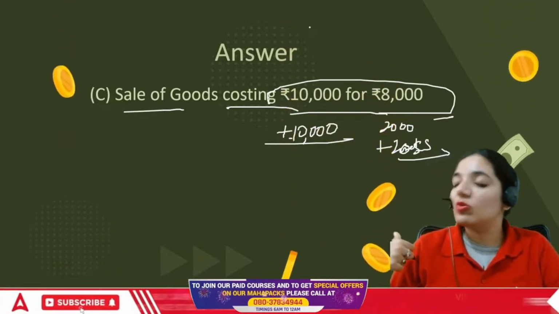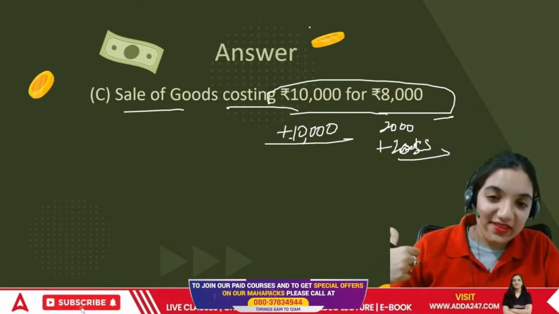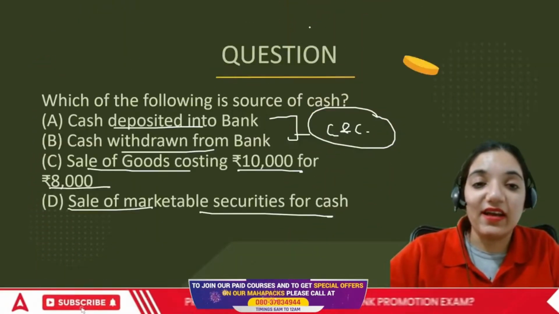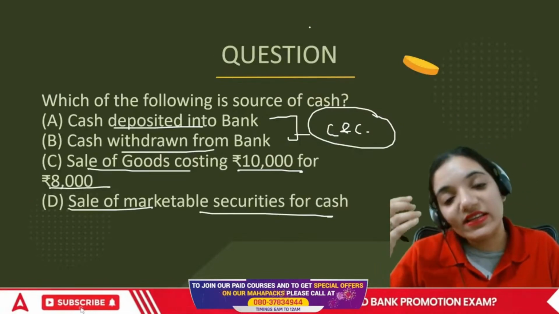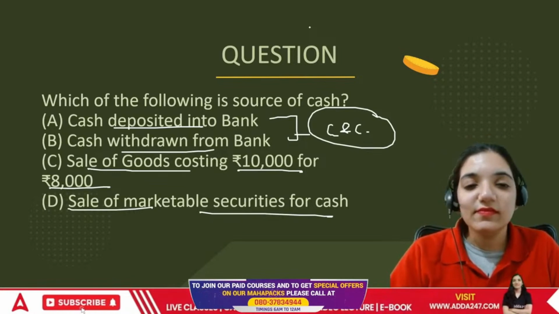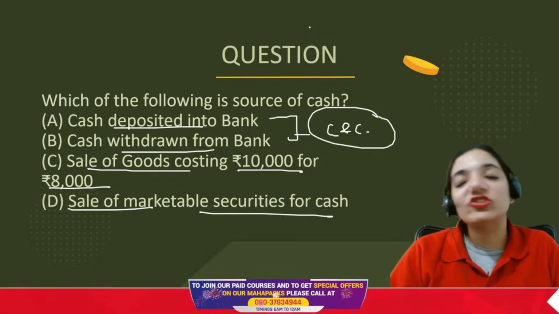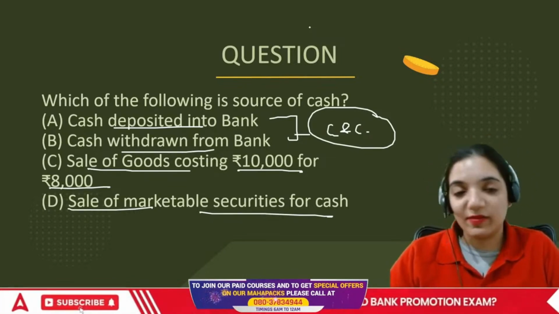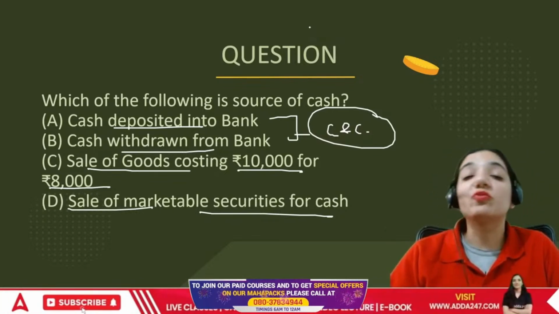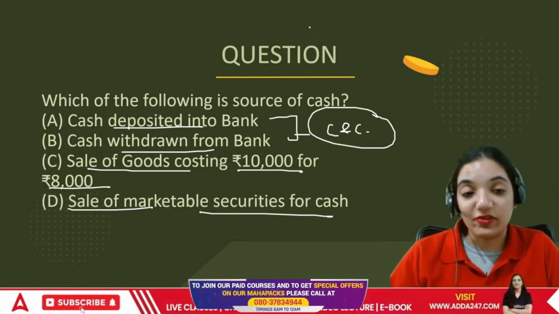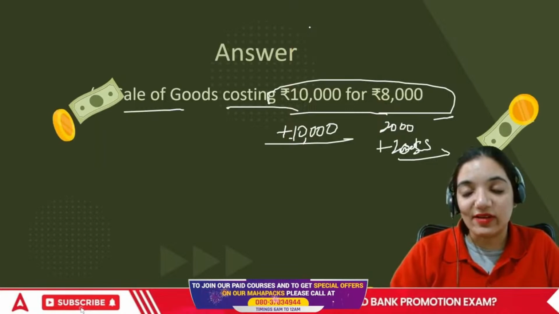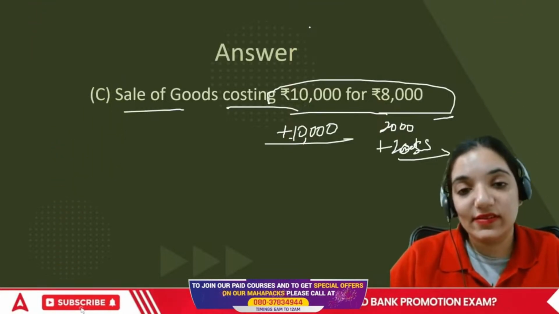That means we sold it for 8,000. This 8,000 that we are receiving is still money that we are receiving now. The question is basically a source of cash: from where you are going to get the cash? Because in other areas, we are just changing the form from cash to marketable securities or marketable securities to bank. That's not something we can say is an inflow of money for the company. So in this case, it would be the sale of goods costing 10,000 for 8,000.